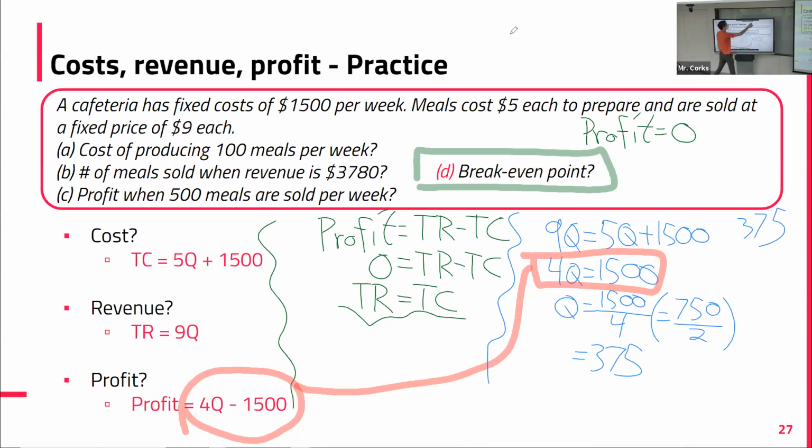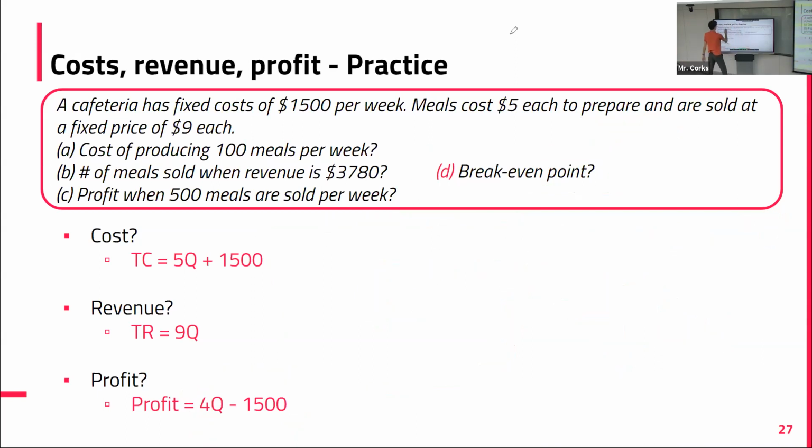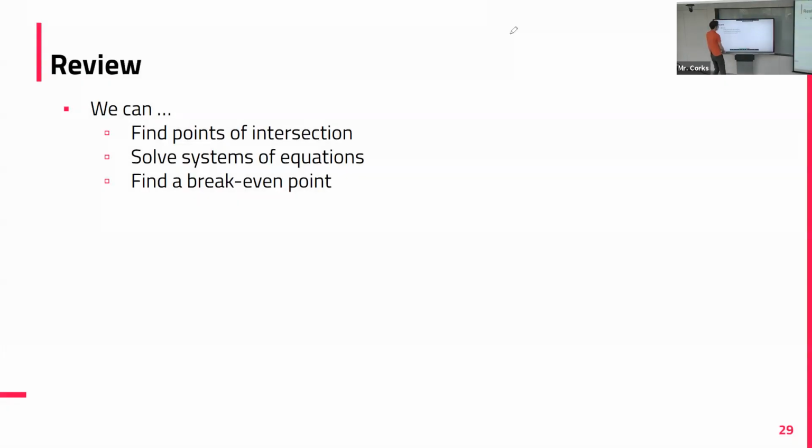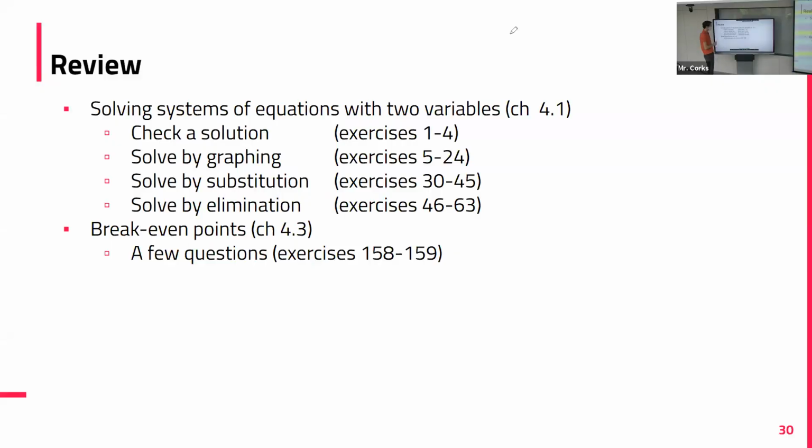All right. So I think that was pretty much everything. Just wrapping up here, we can find points of intersection. We can solve systems of equations, because often that is just finding a point of intersection, and break-even points for a simple business situation.